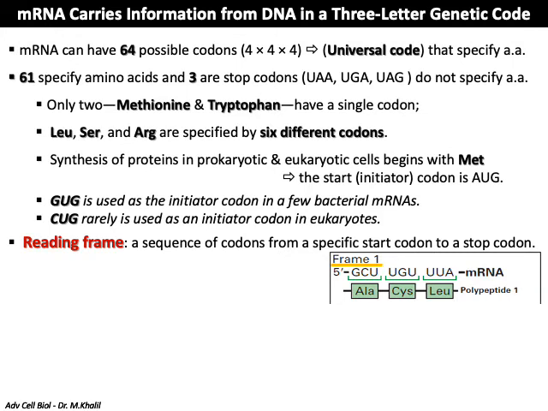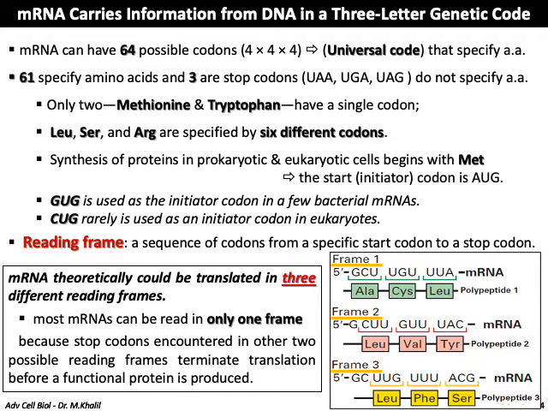The reading frame is the sequence of codons from a specific start site to a stop codon. Theoretically, a messenger RNA can be translated into 3 different reading frames, as you can see from the figure: frame 1, 2, 3. The difference is when the translational machinery skips 1 nucleotide at the beginning and starts the codons after that.